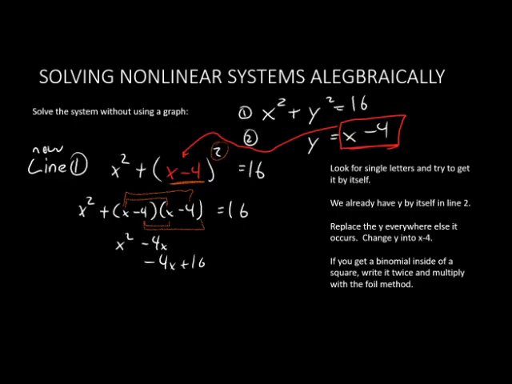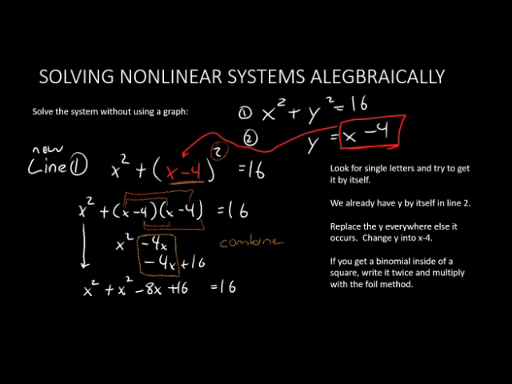We can now combine the like terms, that's the -4x's, and we'll end up with x squared minus 8x plus 16 equals 16, and this extra x squared that we had previously will come down as well, and we'll have x squared plus x squared minus 8x plus 16 equals 16.